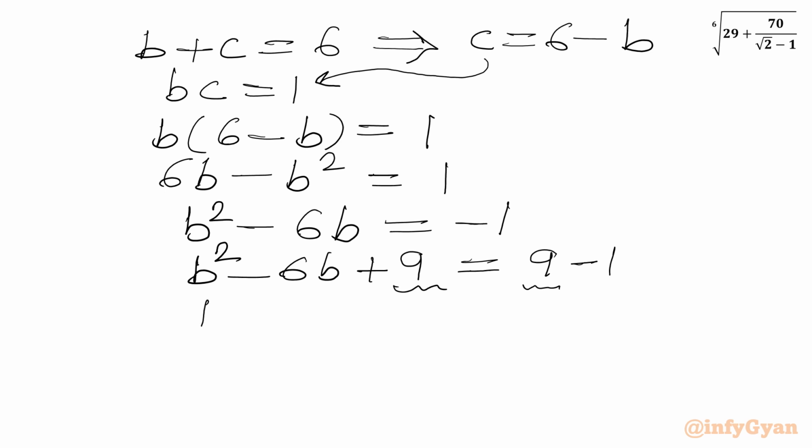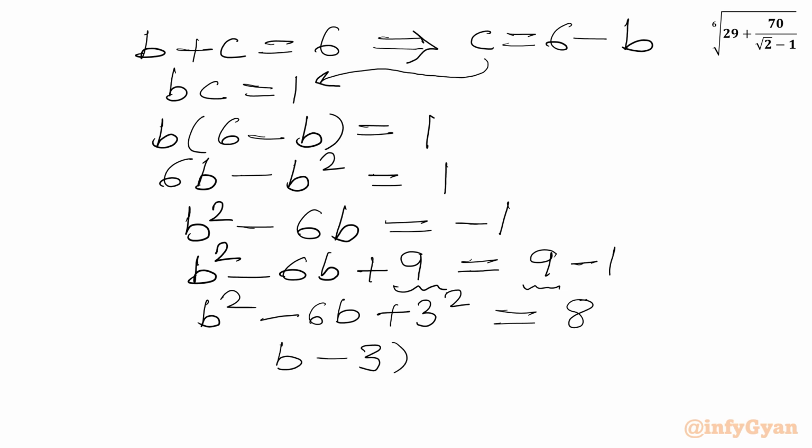So I can write here b square minus 6b plus 3 square. So a square plus b square minus 2ab. And RHS is 8. So I can write b minus 3 whole square as LHS. And RHS we can write (2 square root 2) whole square. 2 square is 4, root 2 square is 2, 4 times 2 is 8.